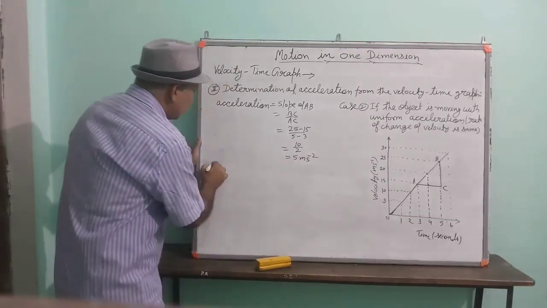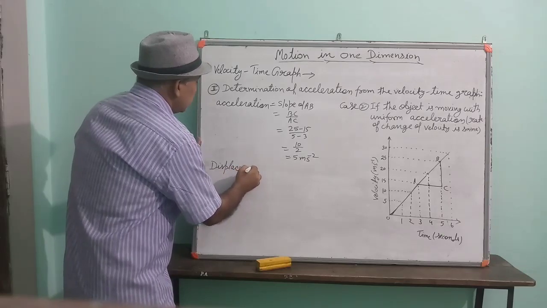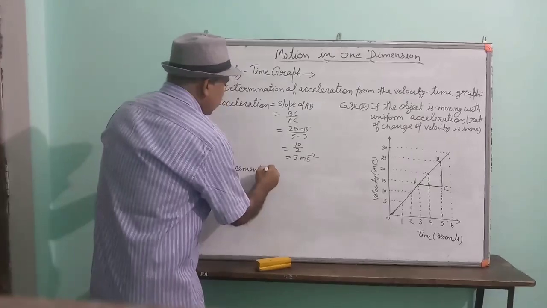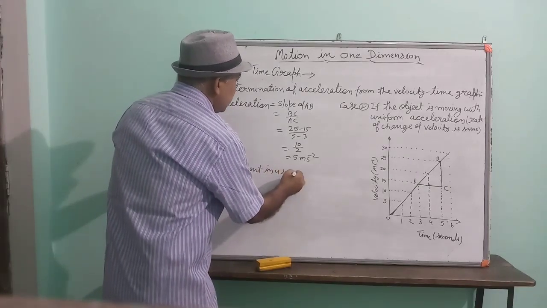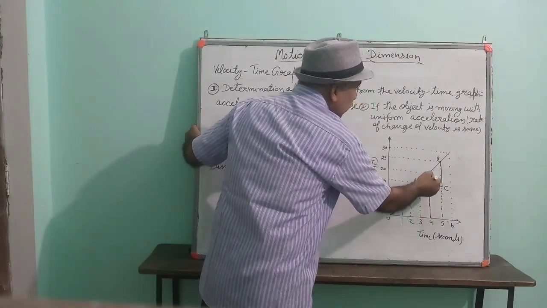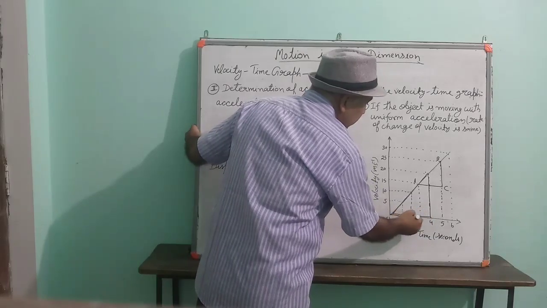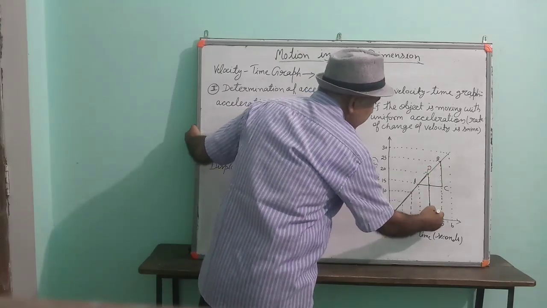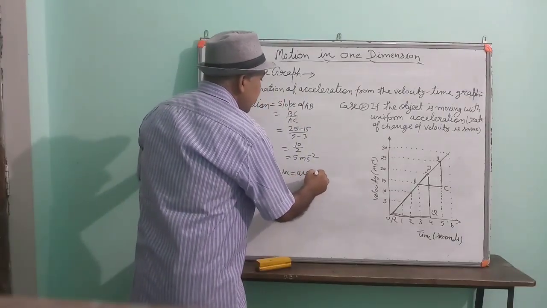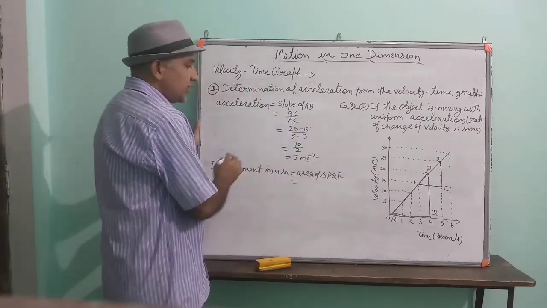Okay, now see how to find the displacement. Displacement in 4 seconds is equal to the area covered by this graph in 4 seconds. Suppose this is P, this is Q and this is R. That means the area of triangle PQR will be equal to displacement.